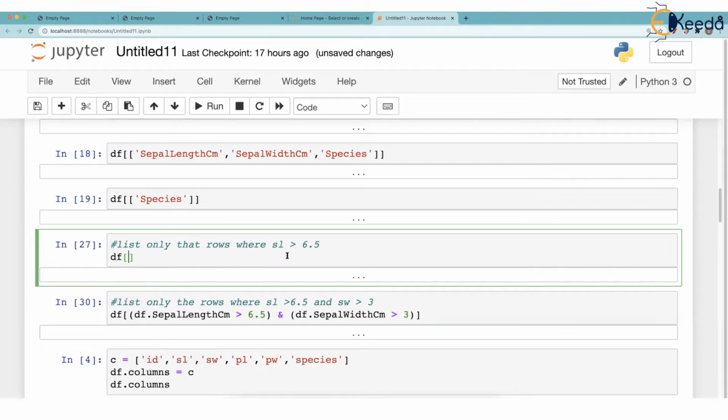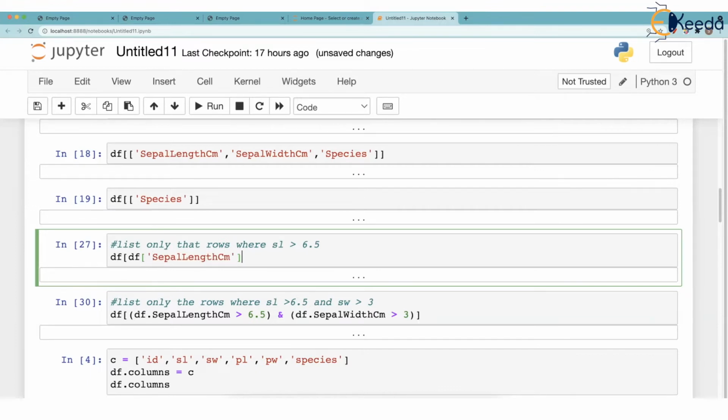But then you will have to qualify this sepal length. You will have to say sepal length centimeter. Remember, it's the column name, so I am giving it in quotes. Sepal length centimeter, but this sepal length centimeter belongs to DF. So we will have to qualify this by writing DF square bracket, and sepal length goes inside the square bracket.